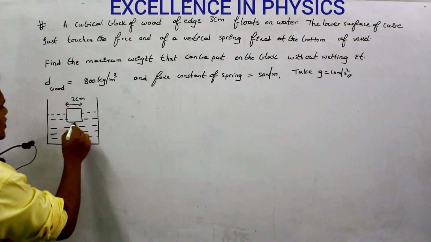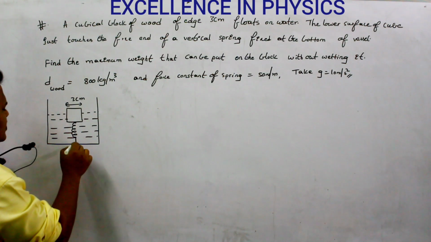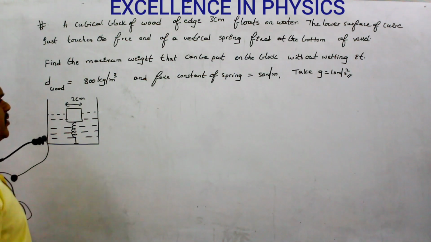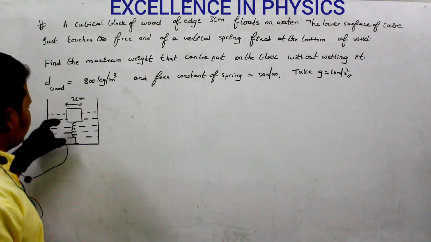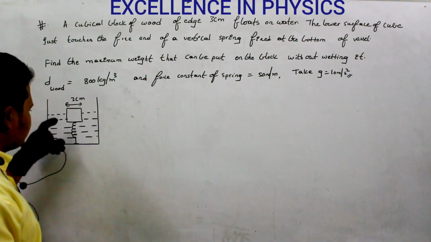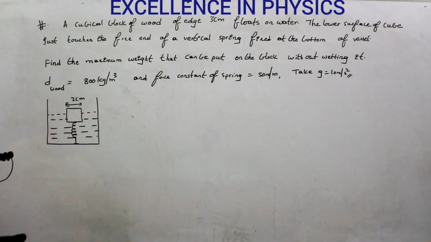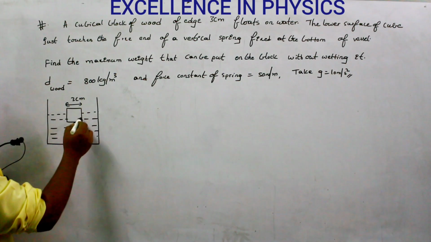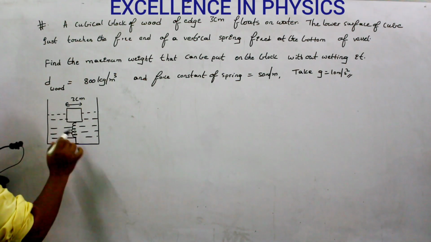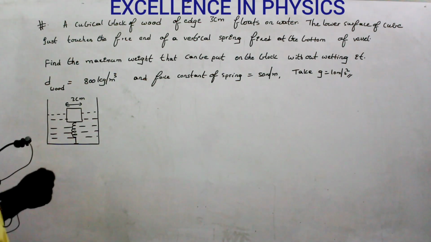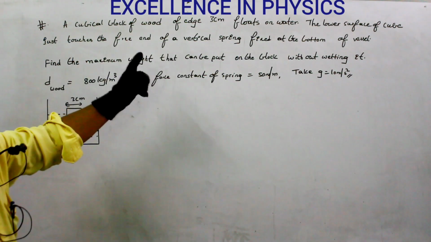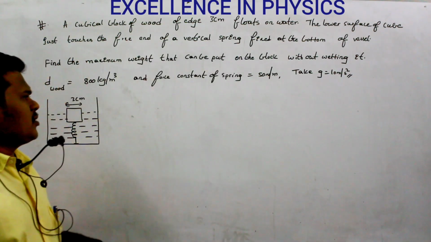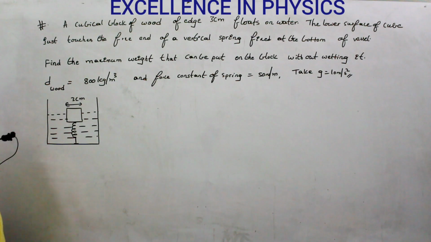So here there is a spring which is connected to the base of this tank, and initially it is in a relaxed position. Relaxed in the sense that the weight of this block is not falling on this spring. So find the maximum weight that can be put on this block without wetting this one.